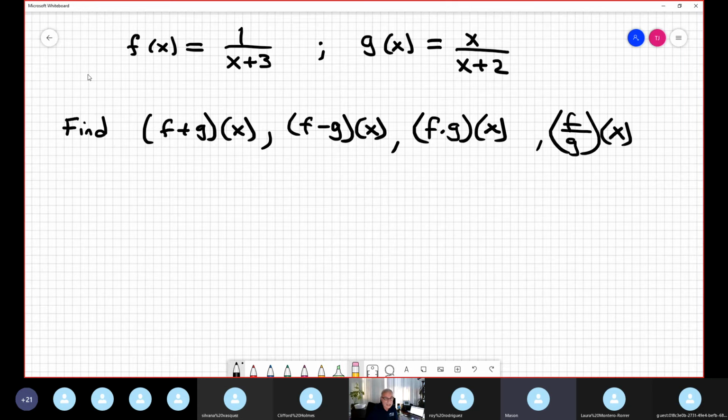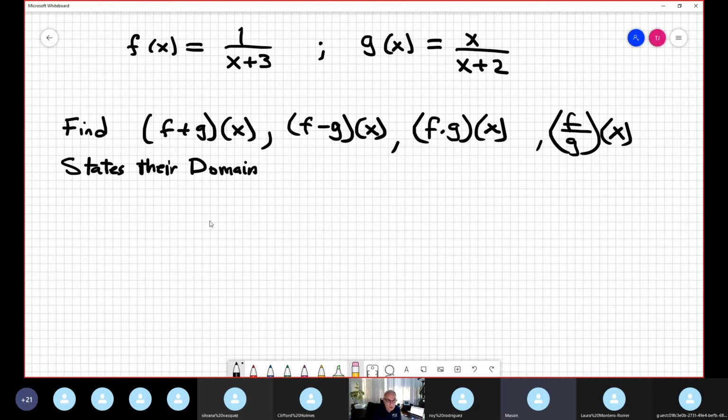Then you find the expression that corresponds with this new function, and also state its domain. This is important, state the domains. Because when you define one function, you need to state the domain. Okay, easy, no big deal.